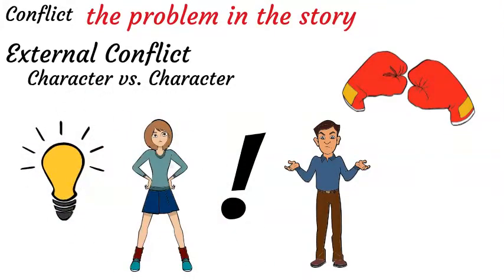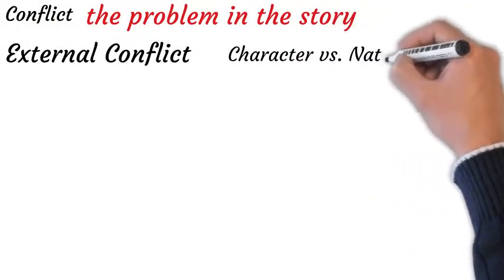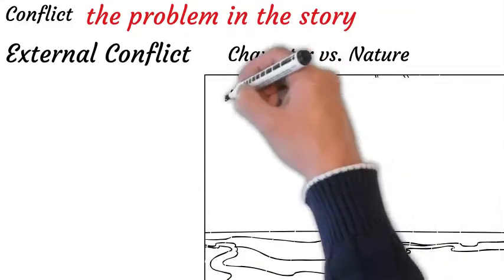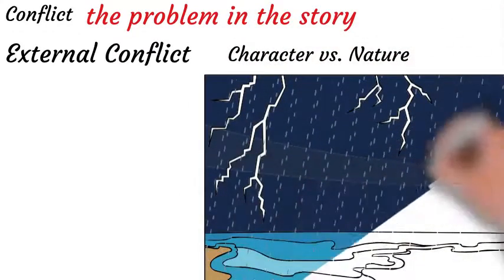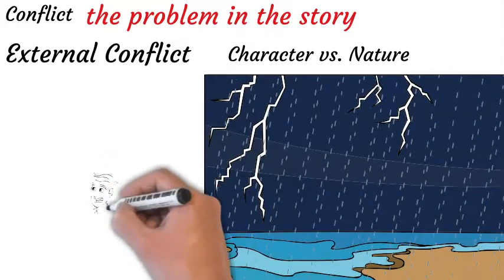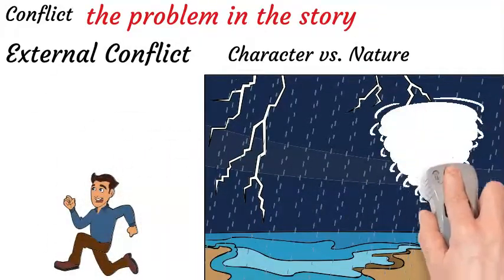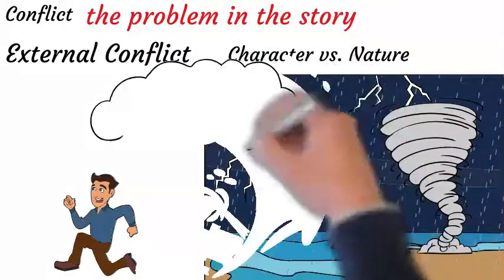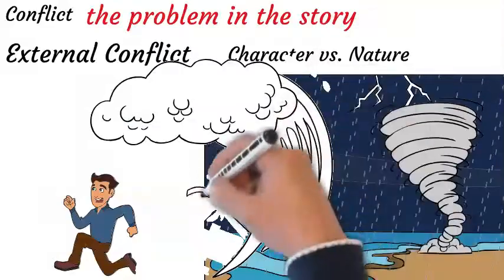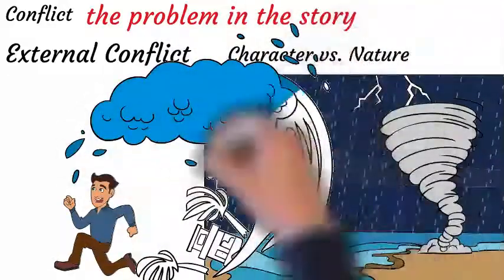Now, in regards to external conflict, character versus nature, it's going to be when a character is physically going against nature. So they could have a storm and be running away or trying to survive a storm. Or maybe it's a tornado that they're trying to survive. Or maybe even it's a tsunami that they're trying to survive. But the thing is, they're trying to survive a natural disaster or physical element of Earth.